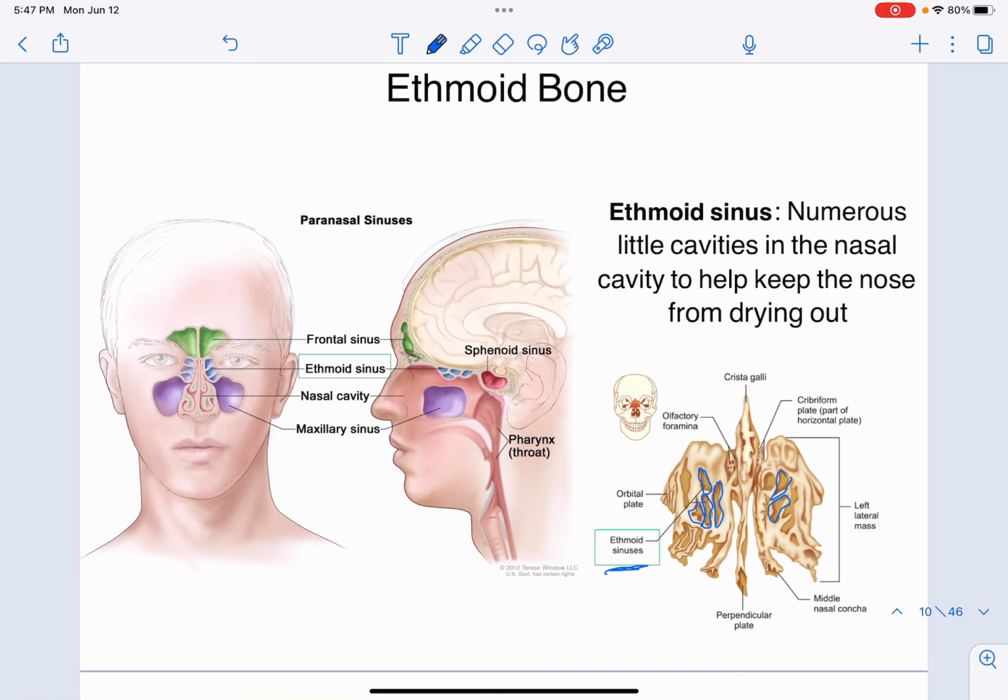But just work through it systematically and you will get through it. The atlas also helps with bones and muscles in this unit too. This is a frontal view over here of what those ethmoid sinuses look like. And here's a sagittal view of what those ethmoid sinuses look like.